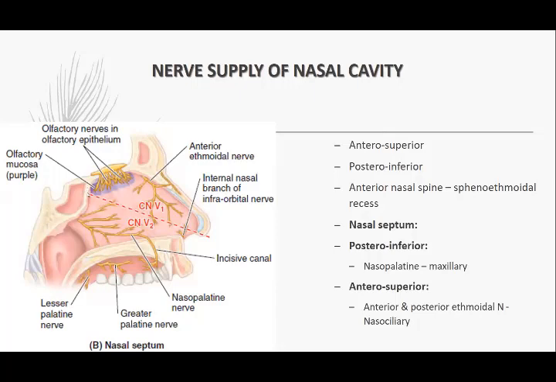Approximately this is the site of the sphenoethmoidal recess. Join the two by a line. Above the line and below the line, the nerve supply is different.